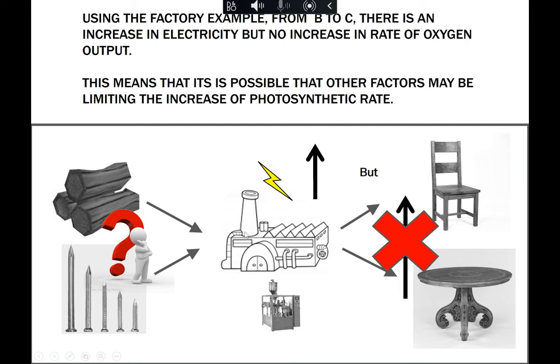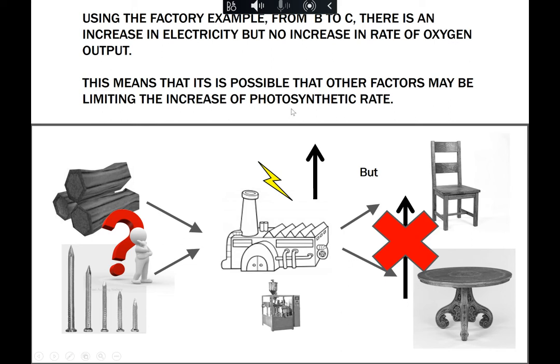No matter how much more electricity I keep giving the factory, if I don't increase my other raw materials, like my wood and my nails, I will not be able to make more chairs and tables unless I also increase the amount of wood and nails.